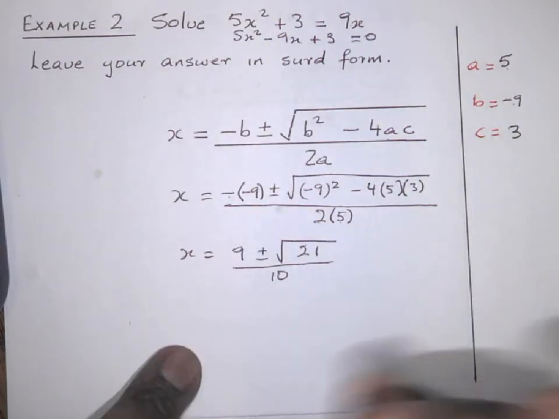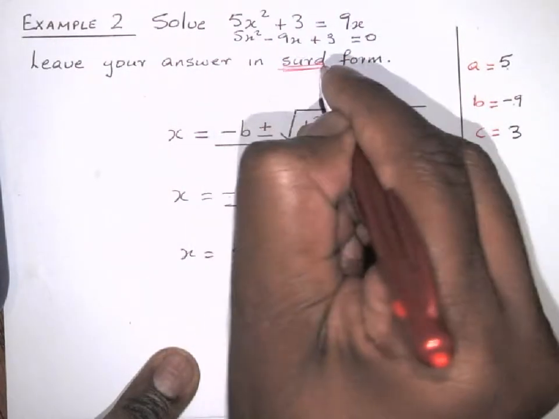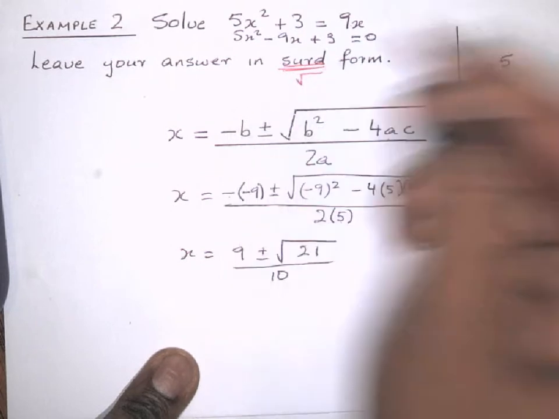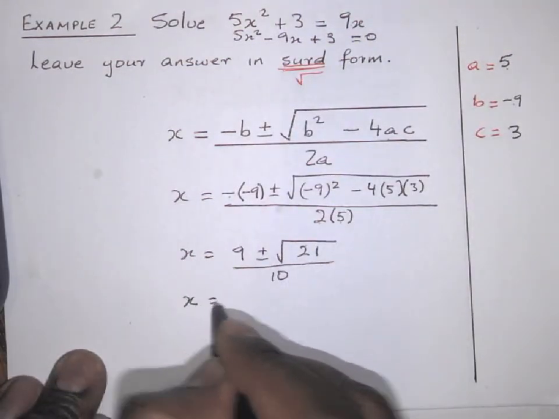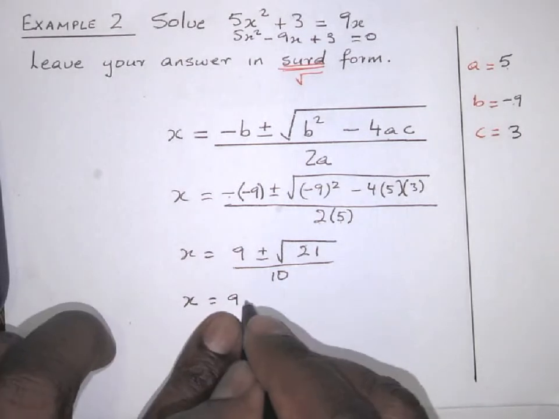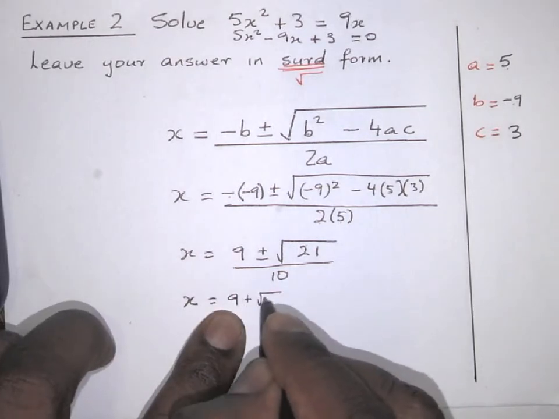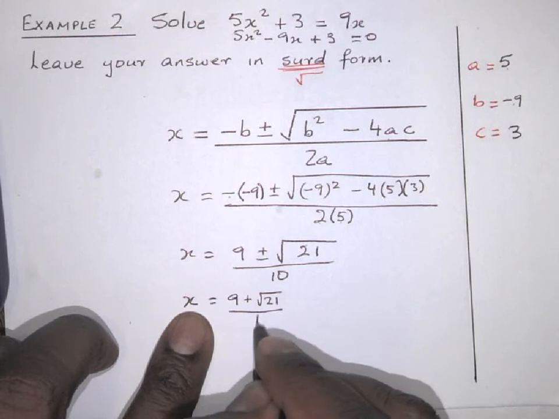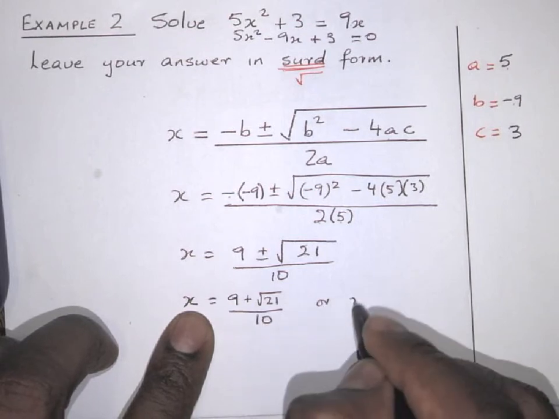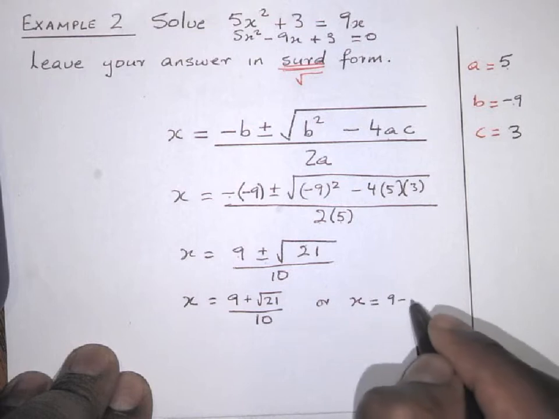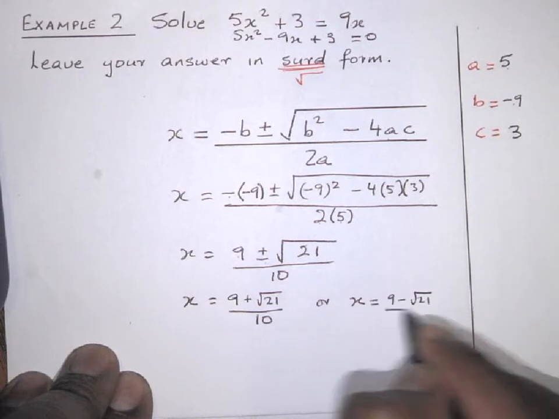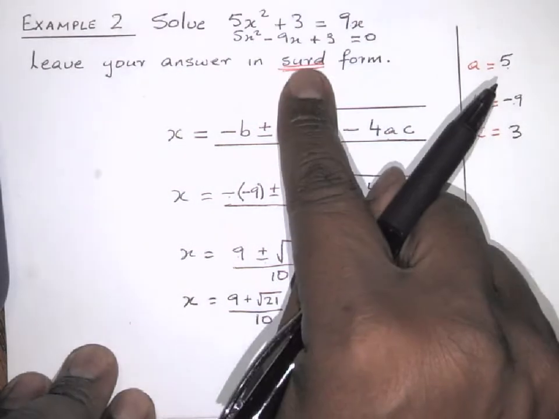When they say leave your answer in surd form, it means you must leave your answer with the square root sign, so we are okay here. So the answer would be x is equal to 9 plus the square root of 21 all over 10, or the other one would be x is equal to 9 minus the square root of 21 all over 10, and the answer is left in surd form.